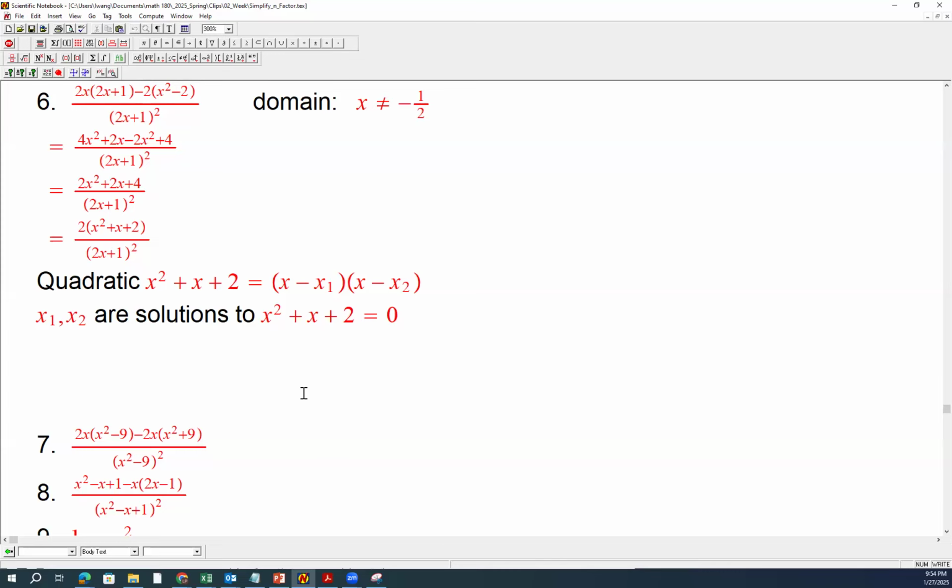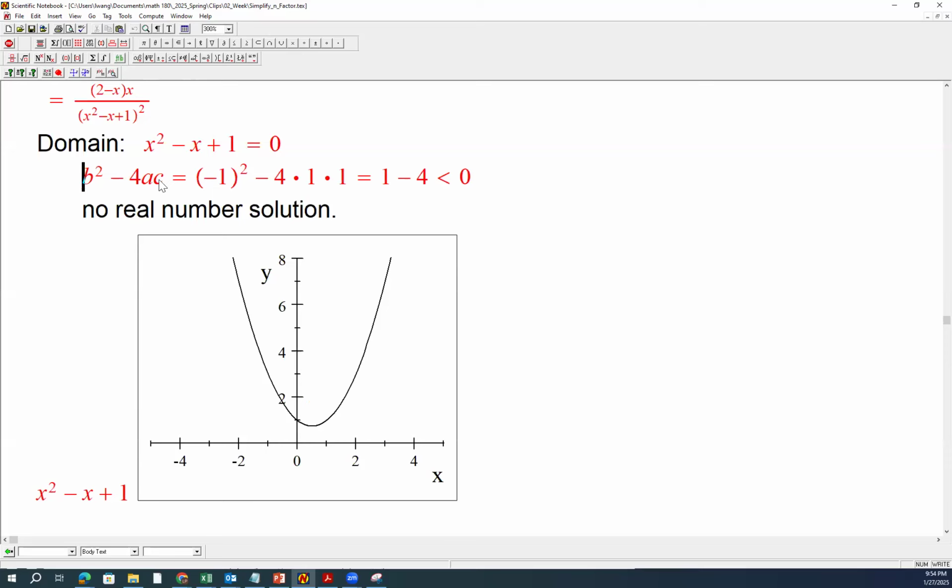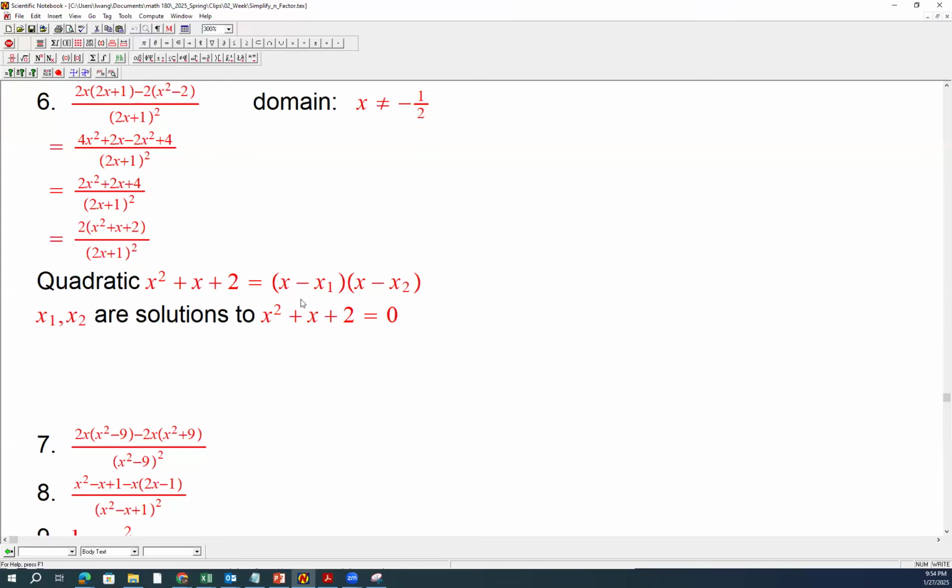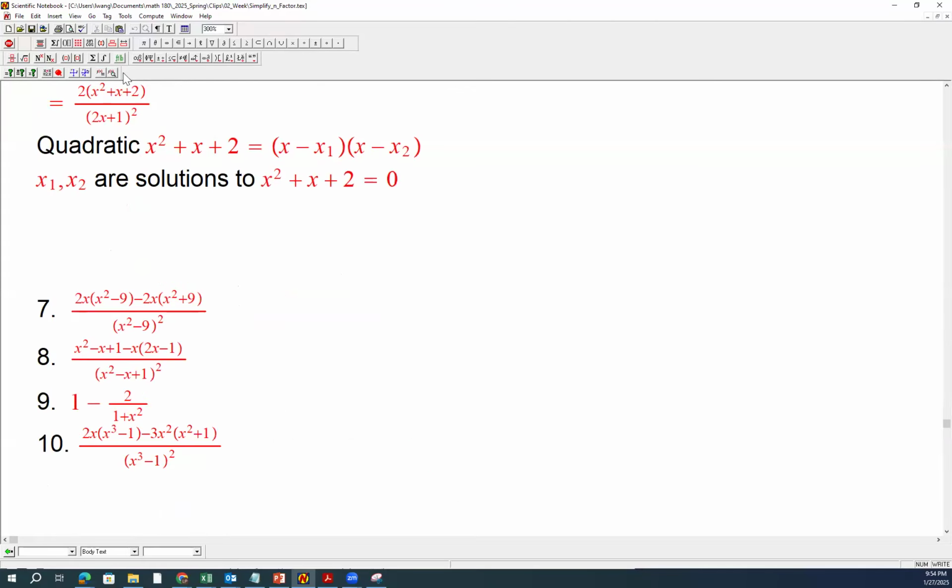So you can apply the quadratic formula, but before that, I will do the b squared minus 4ac. Okay, b squared minus 4ac, and b is 1, so it's 1 squared minus 4 times a is 1 times c is 2.